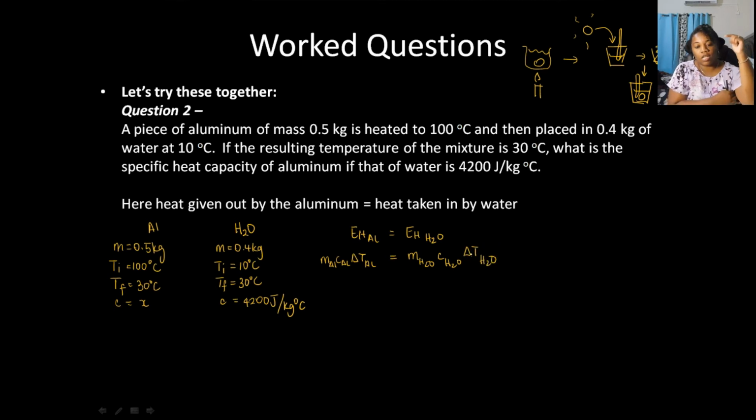Before we start substituting, we're going to solve for delta T for both of them. Delta T for this one is final minus initial, so 30 minus 100 tells us that you have negative 70. You don't have to carry the negative sign in here; this just indicates that heat was lost.